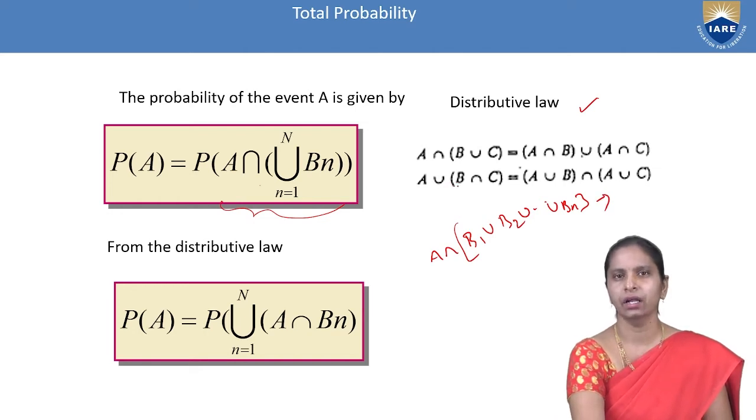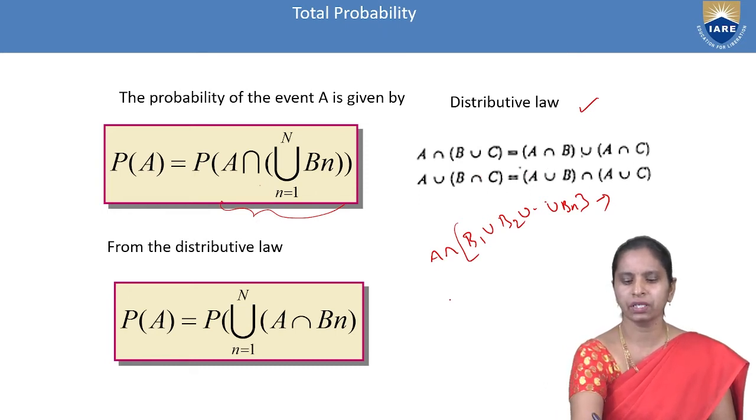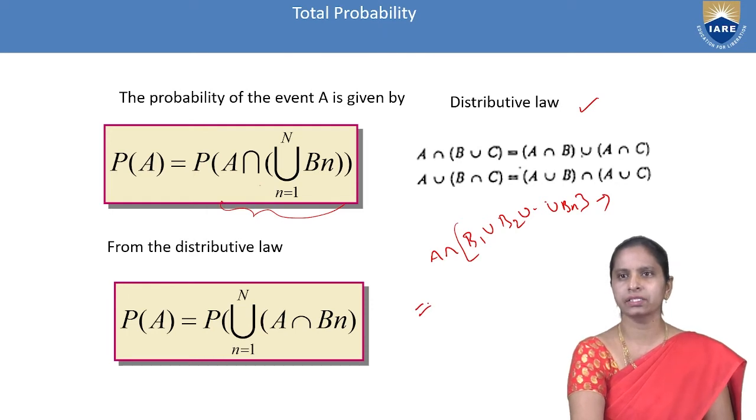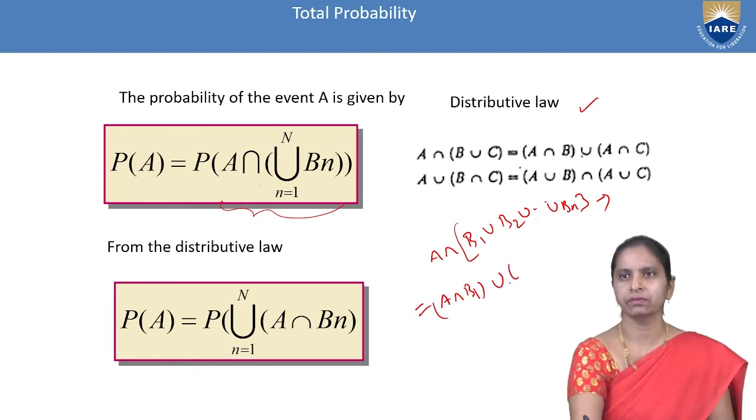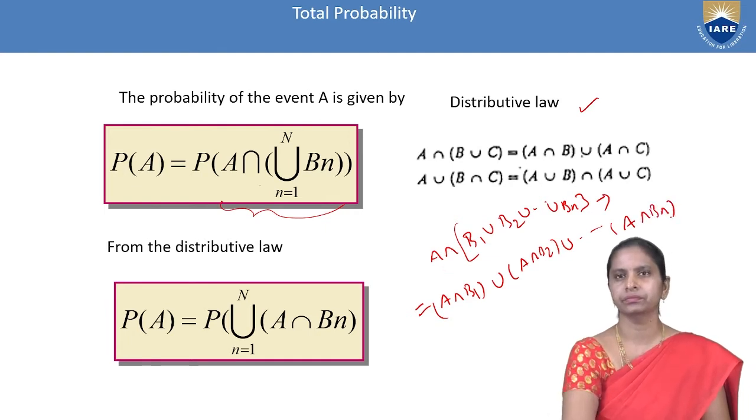A intersection B union C is equal to A intersection B union A intersection C. Then, by using the distributive law, how can I write this? A intersection B1 union. Next, what is the second one? A intersection B2 union and so on. What is the last one? A intersection Bn.